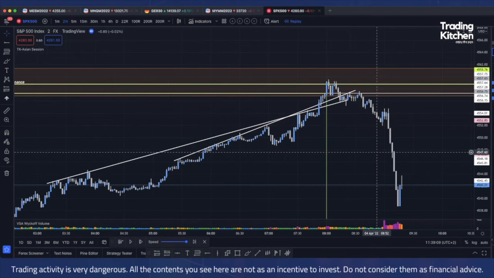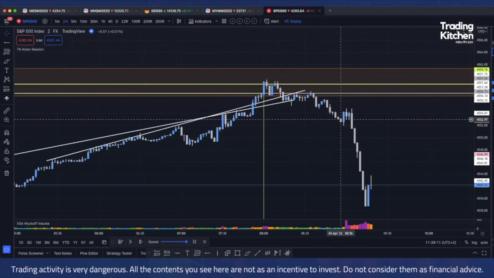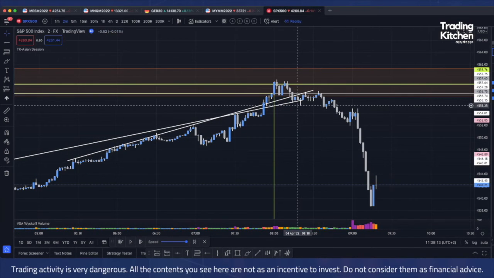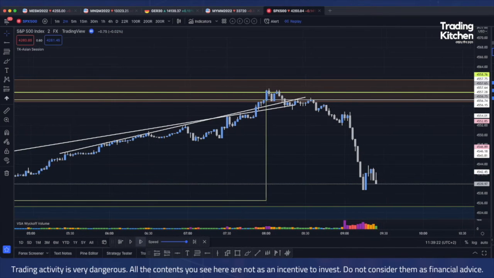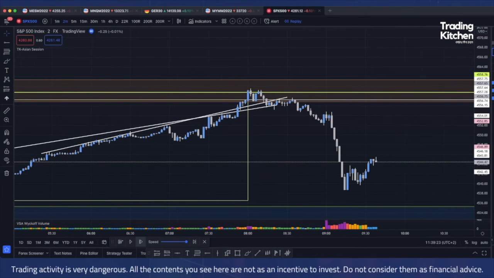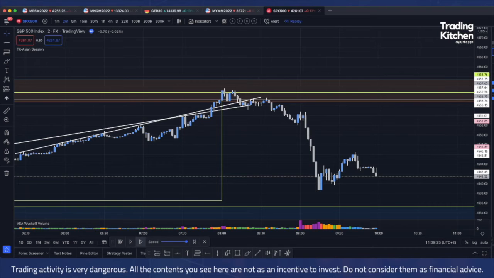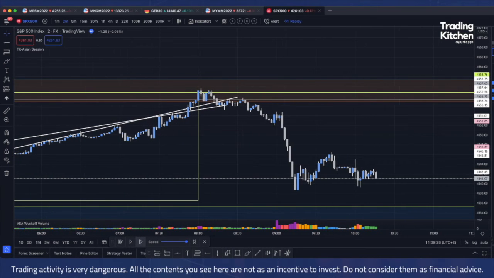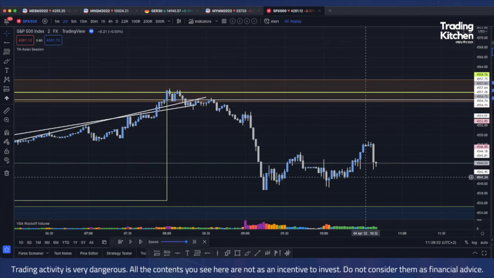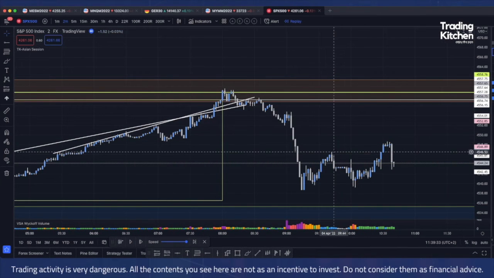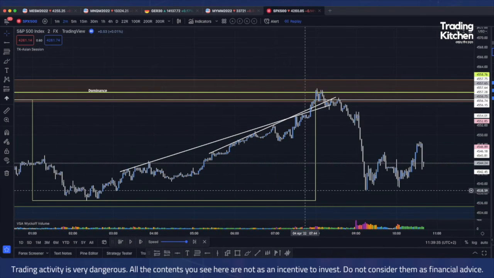I probably would have entered here when I saw this breakout, but to be honest, we had to follow the rules, so we wait for the intraday pattern. This is an intraday pattern, but it's not good for me because we're not long, we are short.